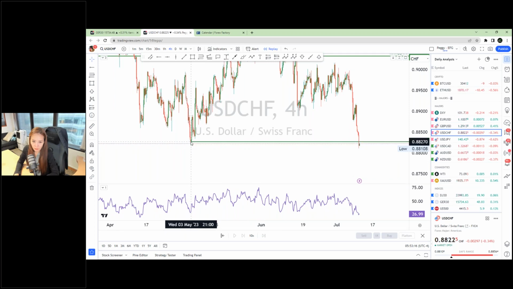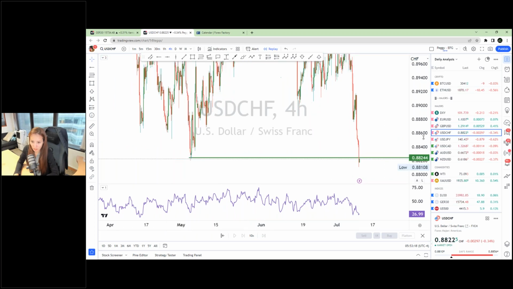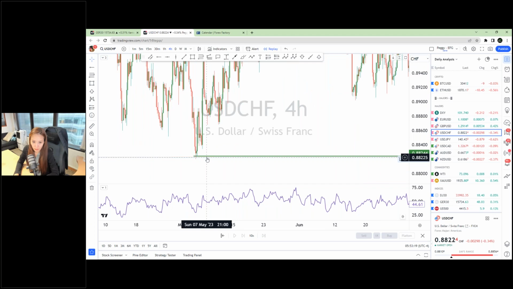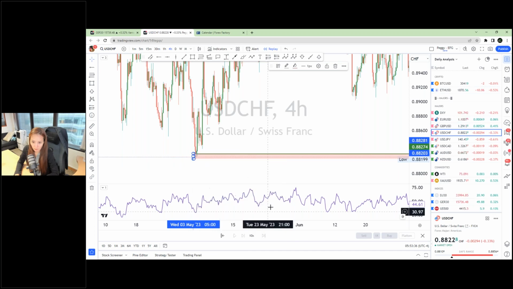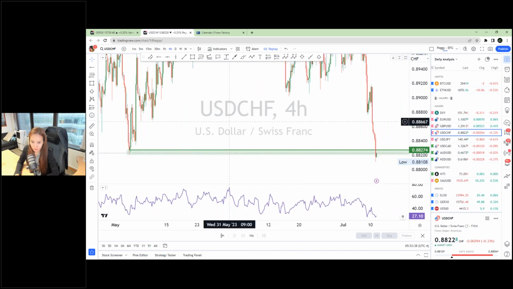Sometimes if you do your TA, you may put it at the body, but I like to highlight the zone, because if you highlight the zone here, you know that this is from your body to the wick, and then you change to your green box here.